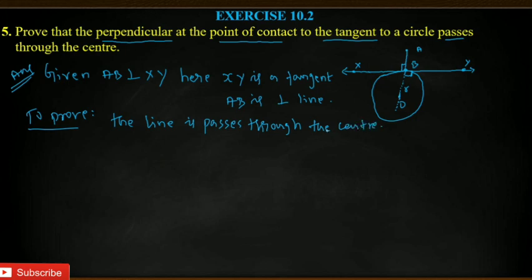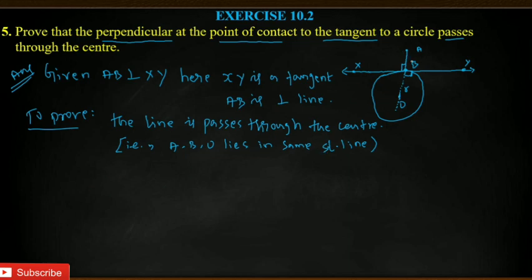Through the center in the sense like A, B, O, everything lies in the same straight line. Like that also we have to say. So we cannot prove this directly, so I'm going to say A, B and O, all these points lie in the same straight line. If we say like that, that is also like passing through the same point.